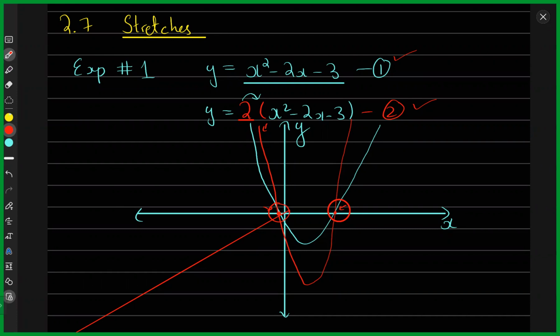These things are important. Let me write it down. Stretch along y-axis, and x-intercepts for both the graphs are the same.